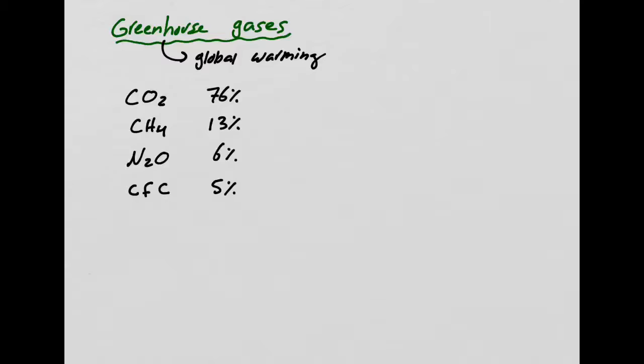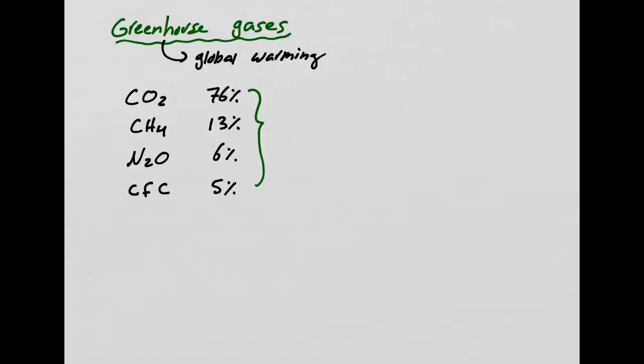So these are the greenhouse gases. Here's the thing. Yes, they do contribute to global warming. What people forget sometimes, and forget to mention, is that we need these greenhouse gases. Now, why do we need these gases?